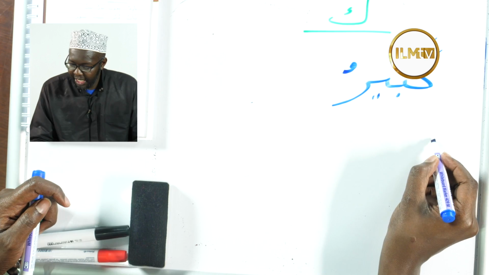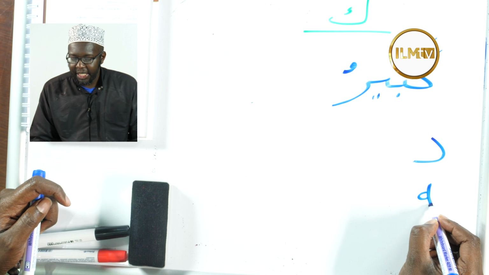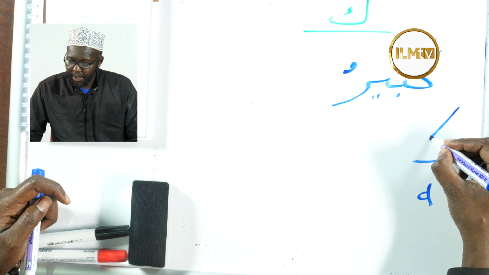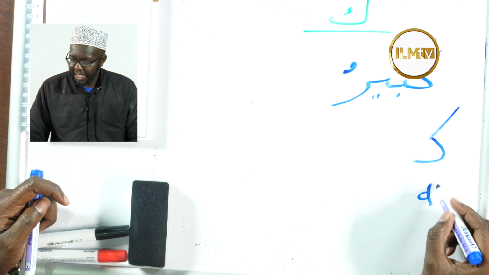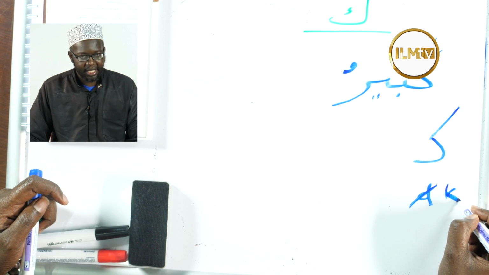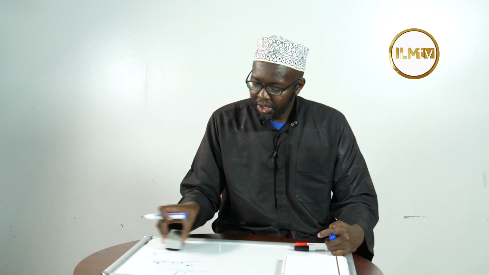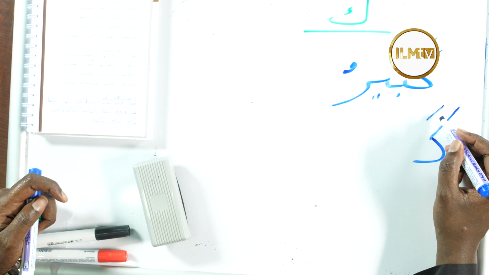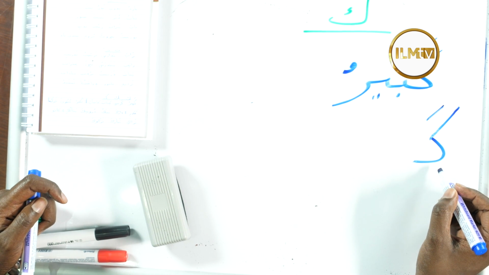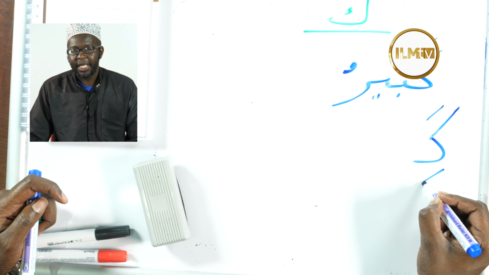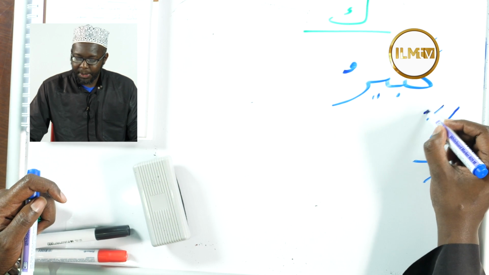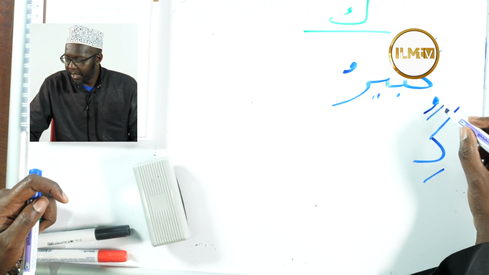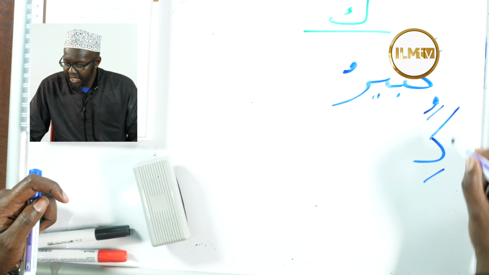We start writing it like the D, the dal, then we put a stroke at the top, and that converts it from a D to a K. So we have that over there, and then we put an A, it becomes Ka. If we placed it down, it would be Ki. If we change that to a Dhamma, it will be Ku. So we have Ka, Ki, Ku.